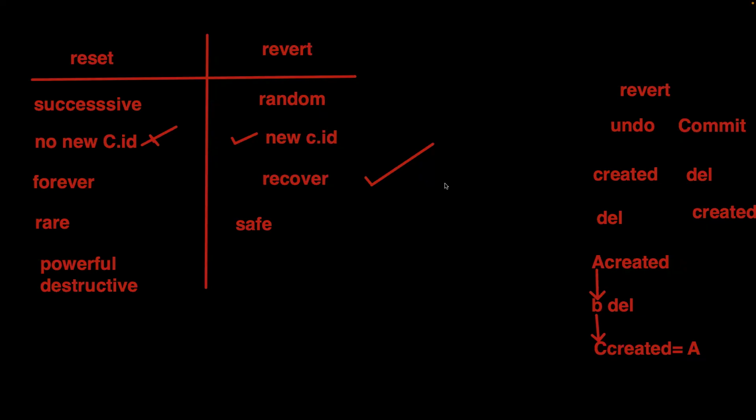But if you commit wrong code locally and have not pushed it, you use reset. Suppose you have A, which is incorrect, and B, which is correct, and you push them to remote.